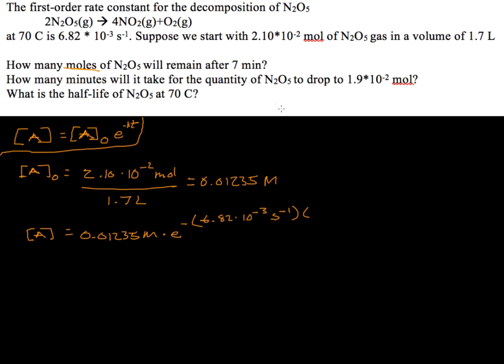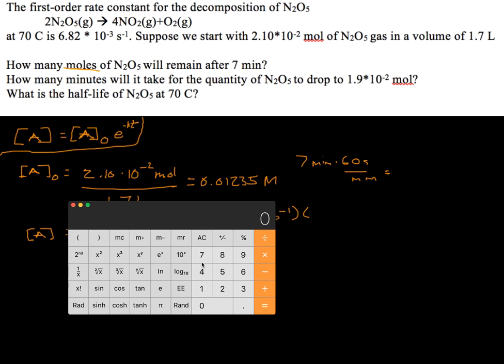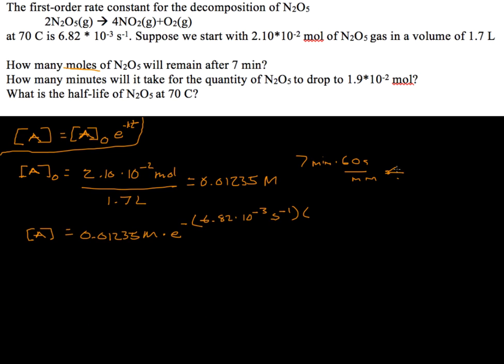So to find t in seconds, which is what we need, we'll do 7 minutes times 60 seconds per minute, and seven times 60 should be 420 seconds.